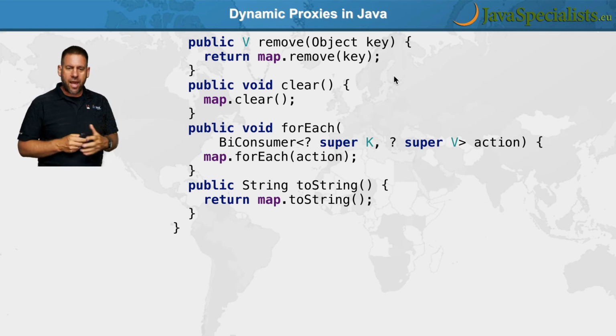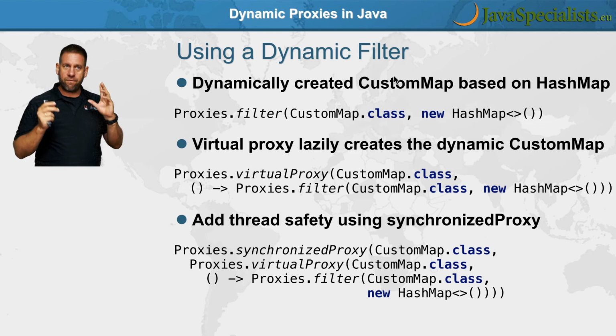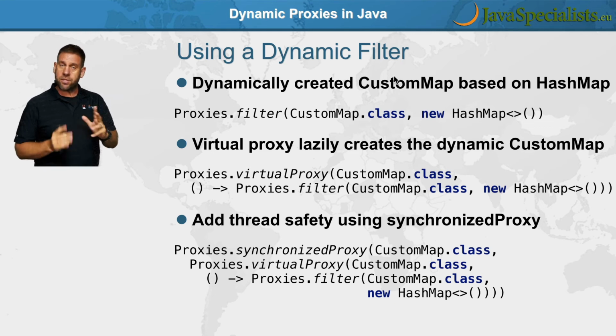And instead, we can also create a filter, proxies.filter. And we pass in the interface called custom map.class and an implementation class like new hash map.